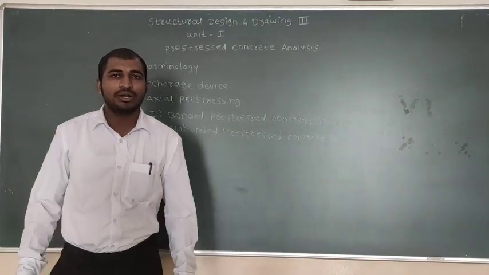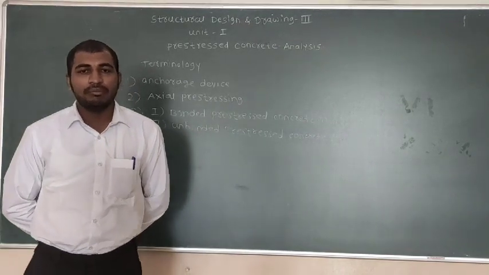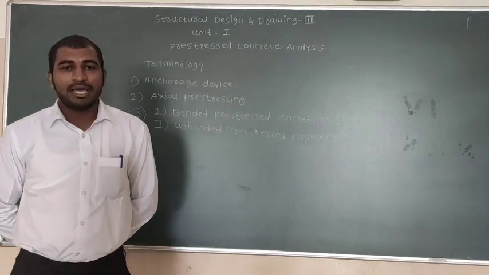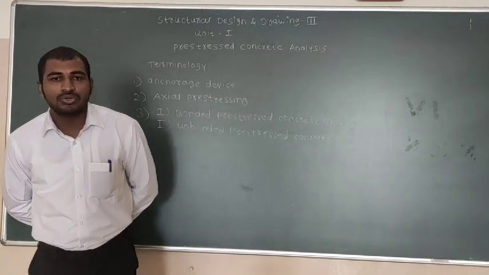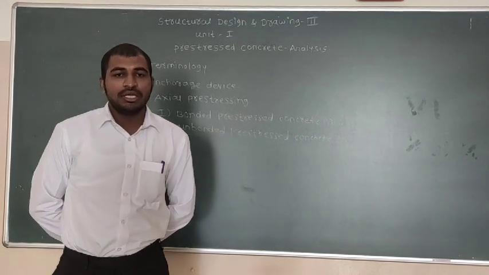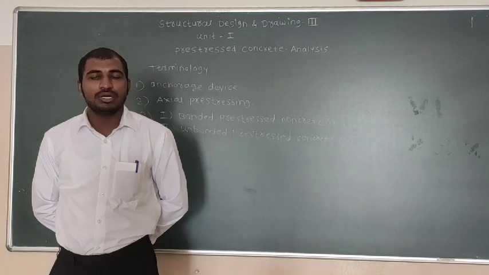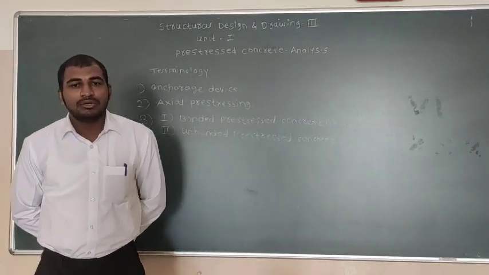Unbonded members differ from bonded members by providing a permanent degree of freedom to each individual cable's movement with respect to the surrounding concrete.